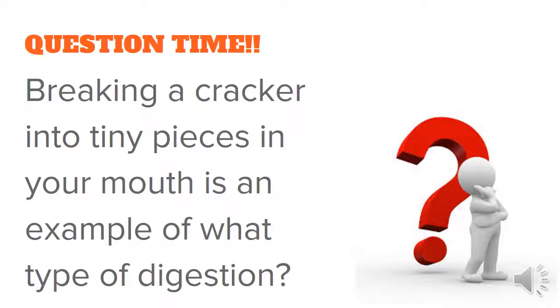Anyways, mechanical digestion is when you're breaking it down by chewing it. Then chemical digestion is where you get the amylase, the hydrochloric acid, those types of things. So breaking a cracker into tiny pieces is an example of mechanical digestion.